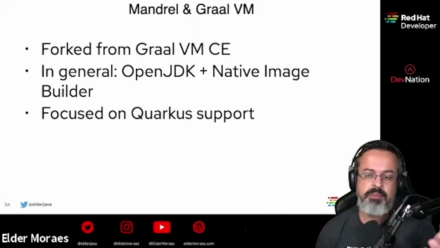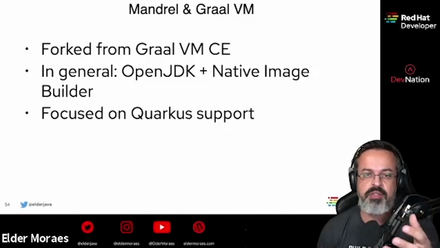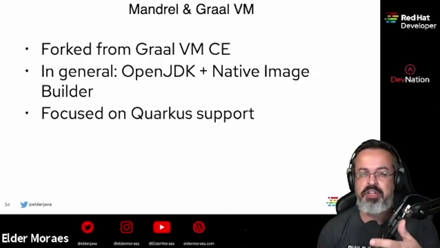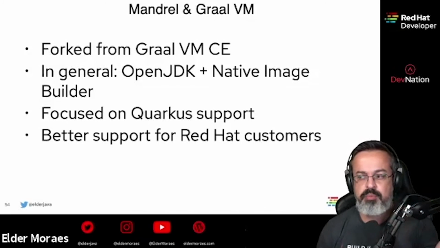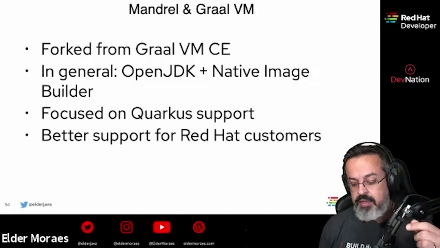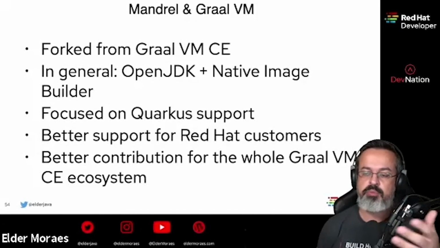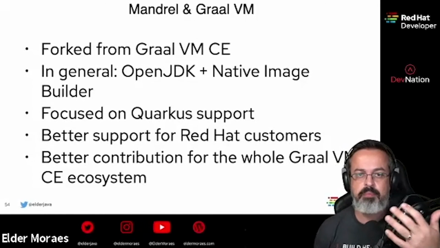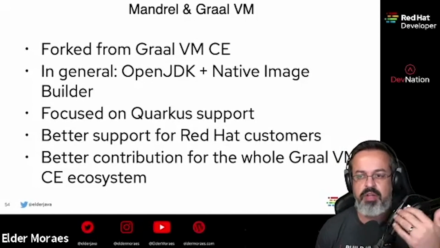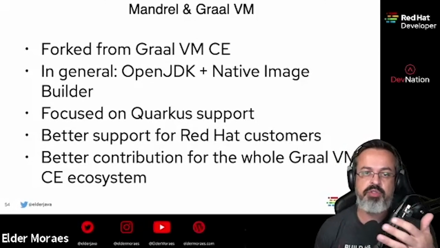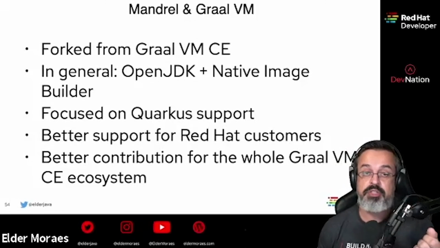Why did we do that? Because we would like to improve the support of native image generation for Quarkus, and also to bring better support for Red Hat customers, and at the end of the day, to improve the contribution, because all the code that we make for Mandrel, all the issues that we solve, all the new features, whatever we contribute to Mandrel is contributed back to the GraalVM Community Edition project.